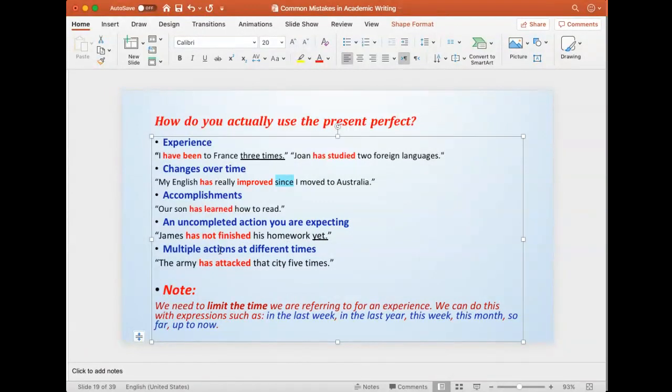And the last thing here, when there are multiple actions at different times. So I would say the army has attacked the city 5 times over the period. I don't know how long, but there are 5 times of this attack.